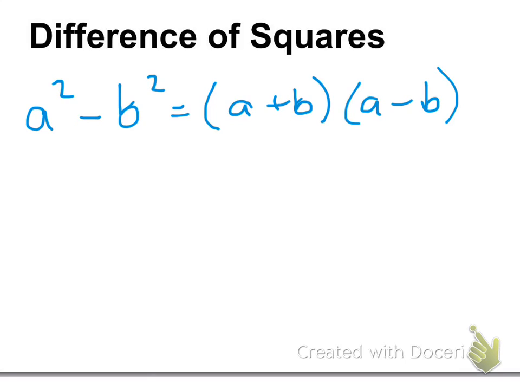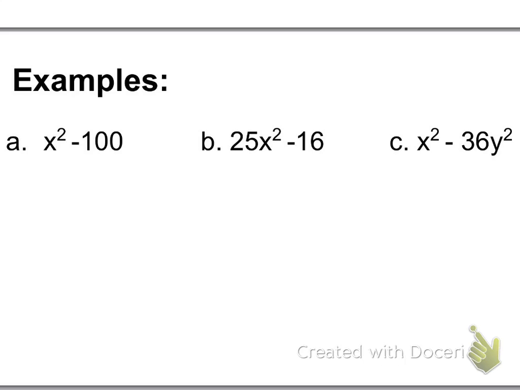So the goal here is that this is the shortcut. I want you to start using the shortcut if you have two values that are both perfect squares and they are being subtracted. So for your last set of examples, as long as you can identify your a and b value, meaning the perfect squared values, all you have to do is fill it in the formula.